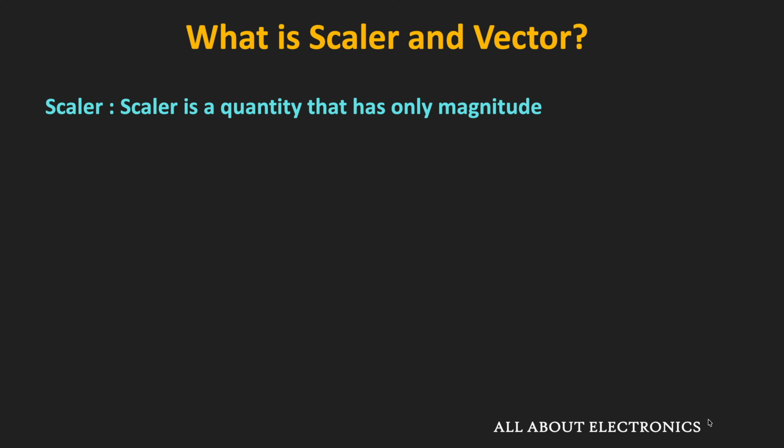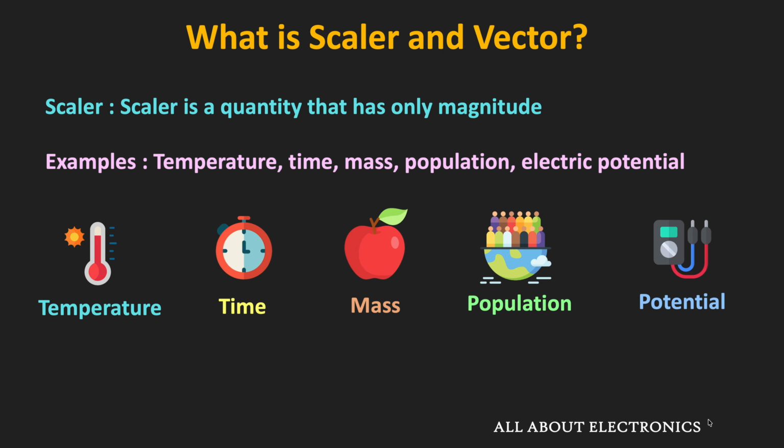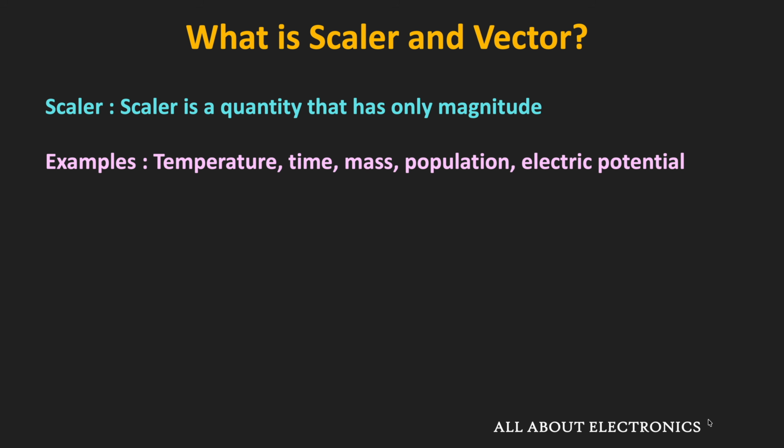Scalar quantities can be expressed just using their magnitude. For example, temperature, time, population, mass and electric potential are examples of scalar quantities, because these quantities can be expressed just using magnitude. For example, if we want to represent the temperature of some city, then we can say that the temperature of the city is equal to 35 degrees Celsius.